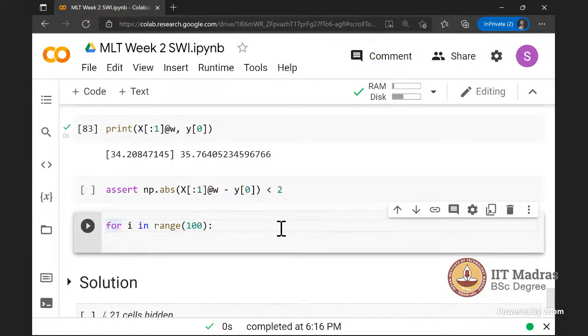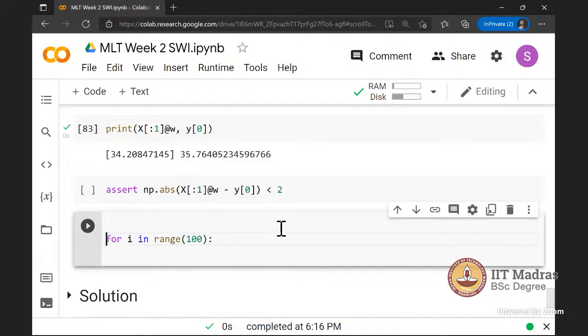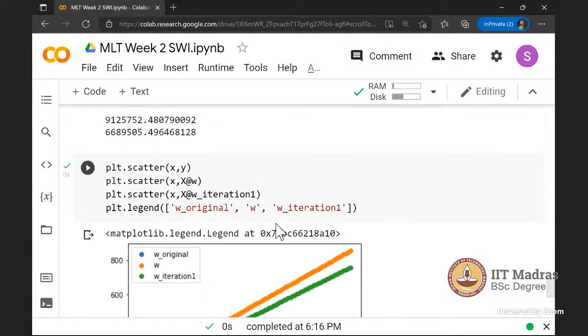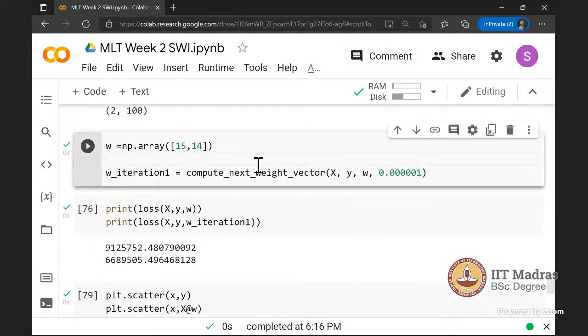Okay, and we will be computing the loss, right? Loss, yeah. I should write losses, something like this. So it's an empty array. All right, and I want to initialize W with this one.